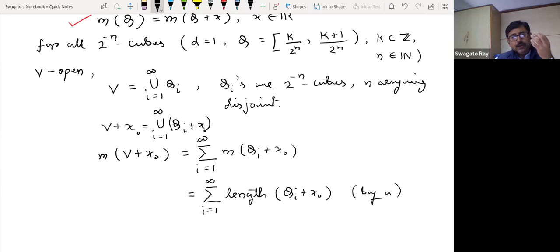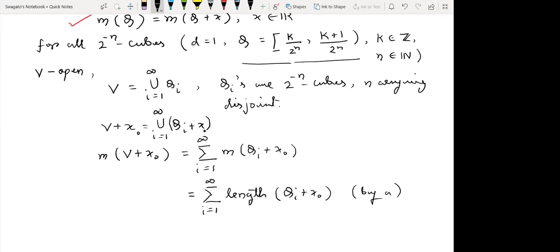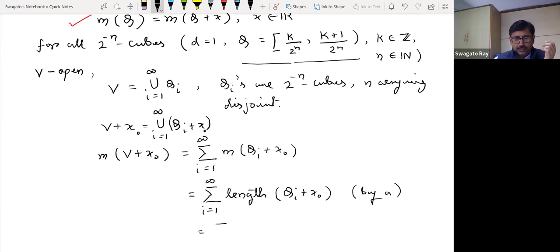But now, if you have a semi-open interval, all these Qi's are of this form. If you translate it by x naught, does its length change? No. So that means this x naught has no value, right? I can drop it. So this is the same as the length of Qi.